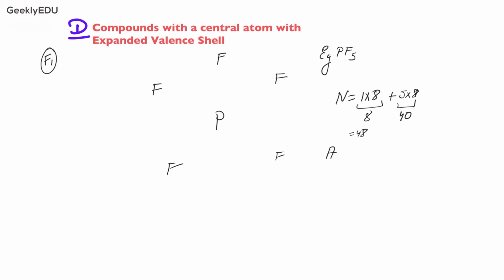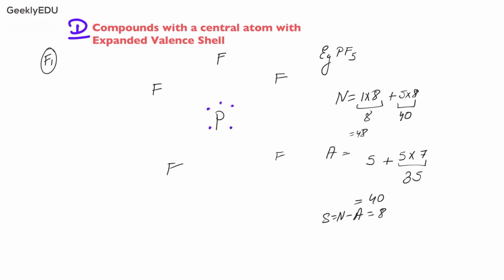Now let's try to find out how many are available. For fluorine, it has 7 valence electrons, right? So we can easily write, we have 7 times 5, that makes 35, plus phosphorus has only got 5, so that makes a total of 40, and S is equal to N minus A, that equals only 8 shared electrons, right? But as we can see, phosphorus has 5, right?